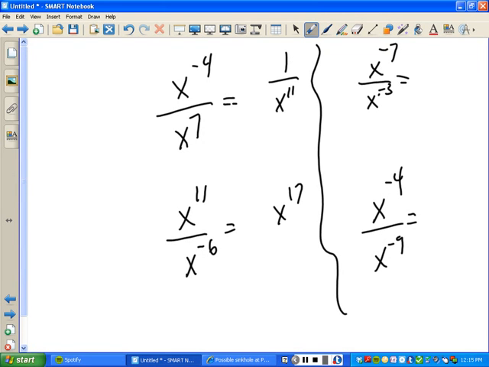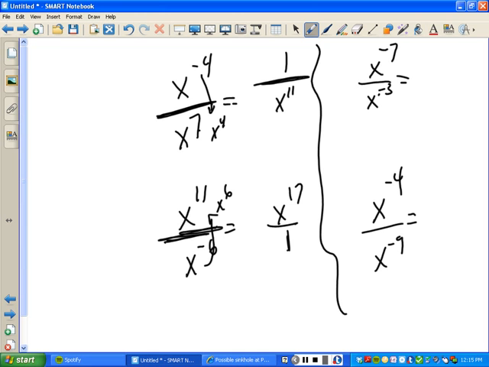The negative 4, before you do anything else, has got to become positive. It's just going to move down. That's going to be x to the 4th. 7 plus 4 is 11. Notice that this is on the bottom, so it's got to be on the bottom here. Here the negative 6 moves up, and that's why you'll get x to the 17th. If you want to put it over 1, you can.